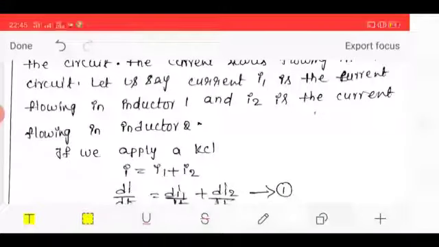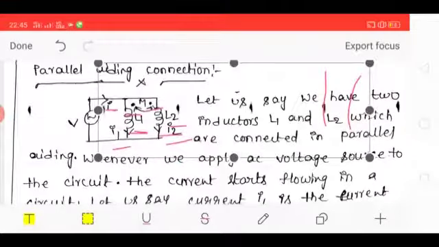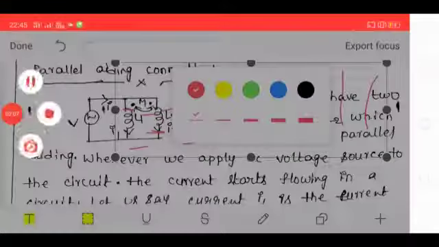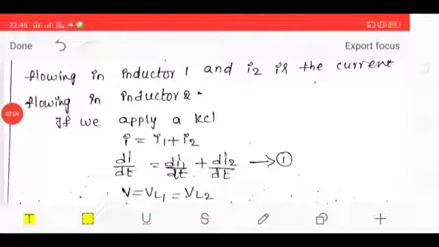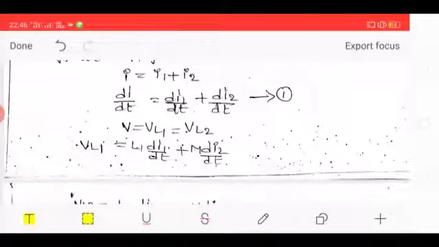If we apply KCL, total current equals I, first coil current equals I1, second coil current equals I2. So by applying KCL we can write I equals I1 plus I2. By differentiating this equation, di by dt equals di1 by dt plus di2 by dt.